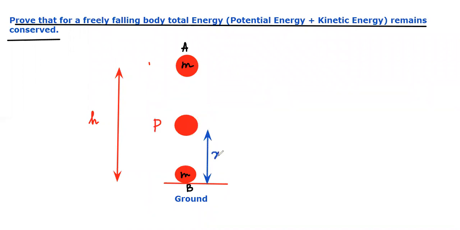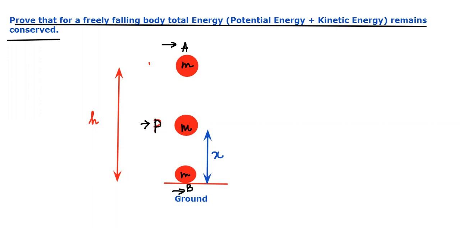Am I clear to everybody? Let the point P be at a height x from the ground. So what we have to prove, children? We have to prove that at this point A, at this point P, and at this point B, the sum of potential energy and kinetic energy will be conserved. I hope I am clear to you.